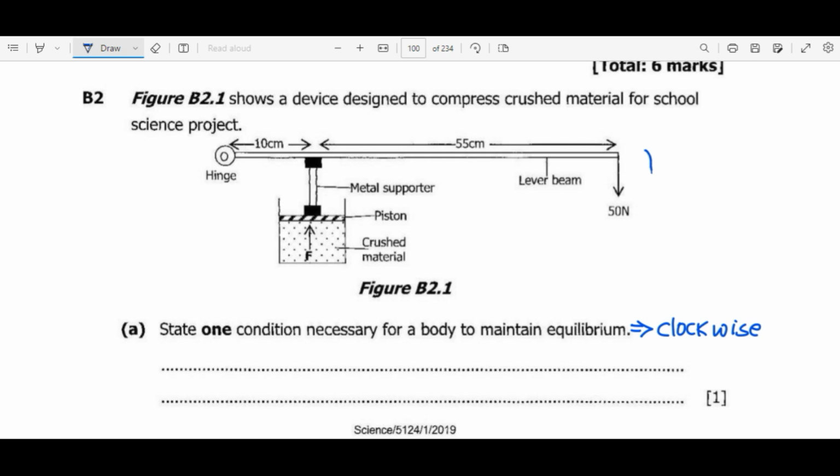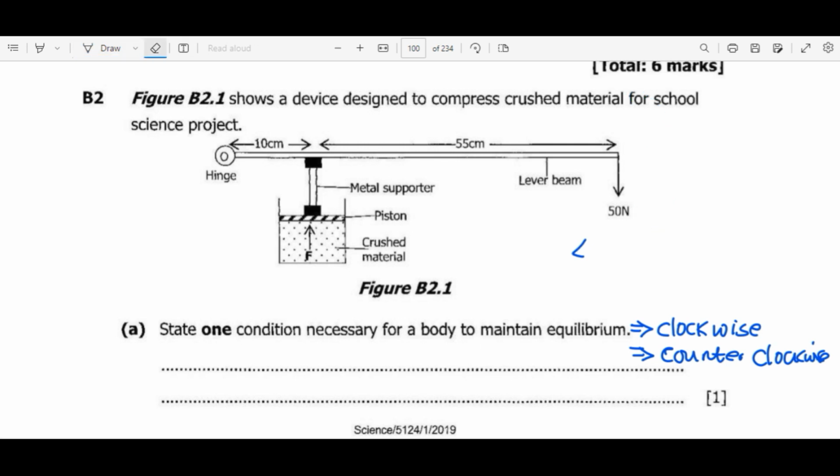So this is the moment that goes in this direction. Then the second moment is the counterclockwise moment, the moment that goes in the opposite direction, in this direction, right?